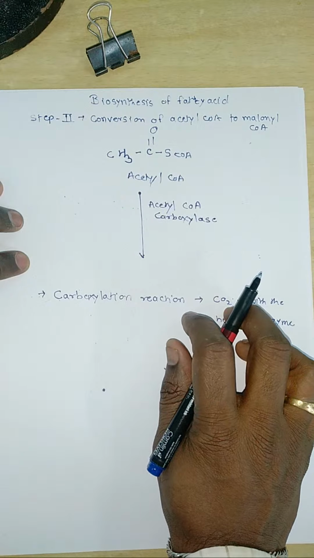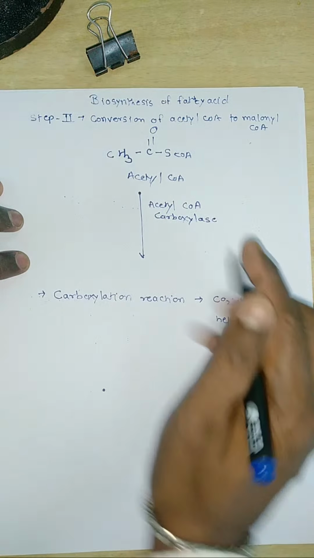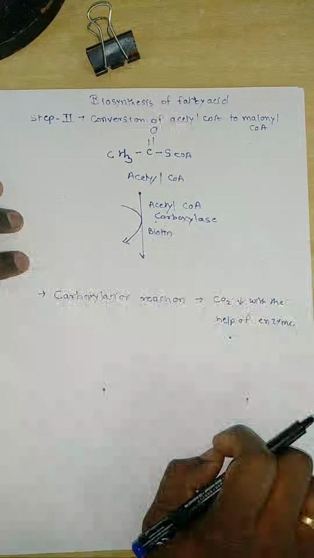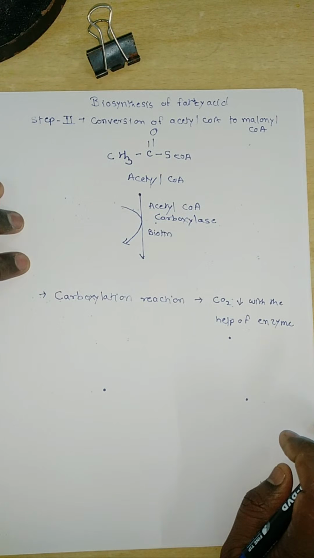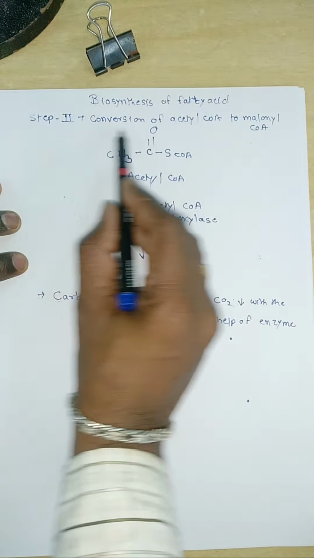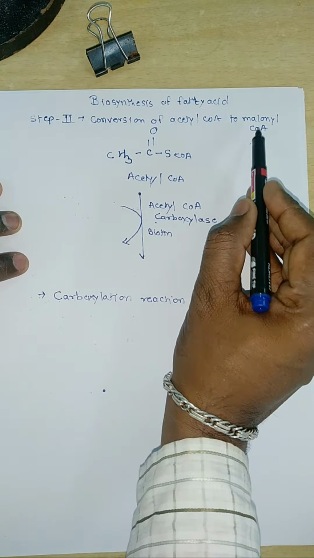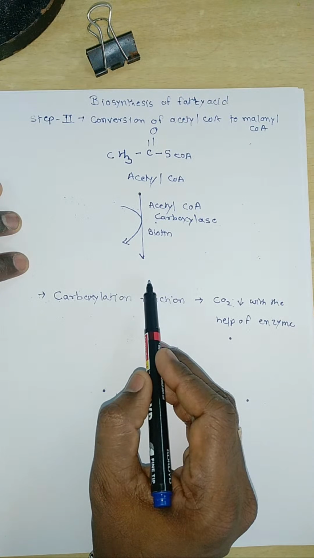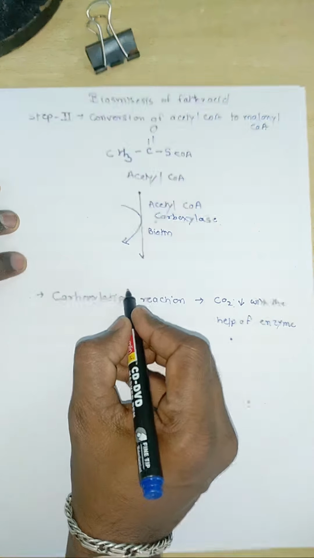In that we require carboxylase as an enzyme, and this enzyme also requires biotin. In the biosynthesis of fatty acid step 2, acetyl CoA will give rise to malonyl CoA.